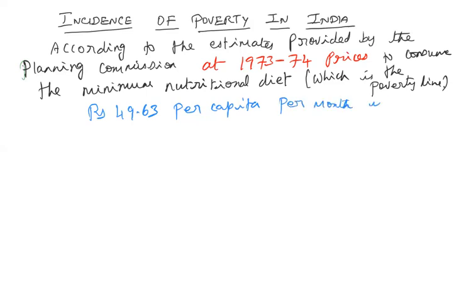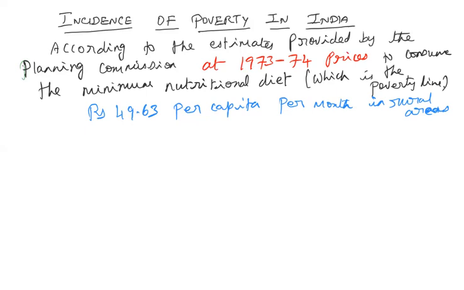That is, in order to consume those 2,400 calories in rural areas, a person living in a rural area has to spend approximately 49 rupees 63 paise per month, so that he will be able to consume 2,400 calories per day.